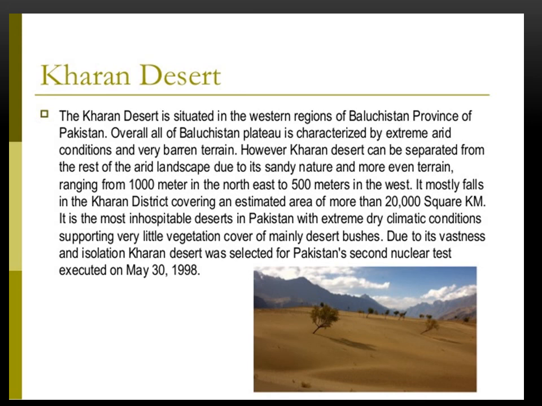It is the most inhospitable desert in Pakistan with extreme dry climatic conditions, supporting very little vegetation cover of mainly desert bushes. Due to its vastness and isolation, Kharan Desert was selected for Pakistan's second nuclear test executed on May 30th, 1998.